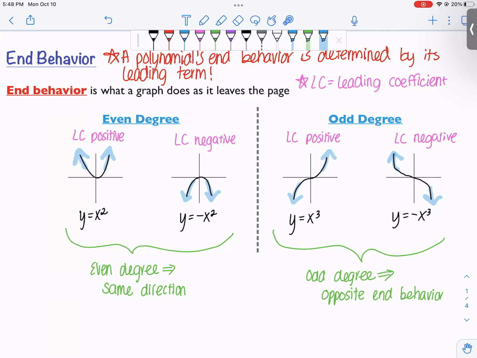So the left side and the right side go in opposite directions. And that's true whether your leading coefficient is positive or negative.